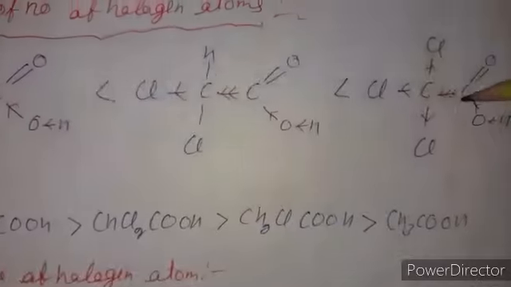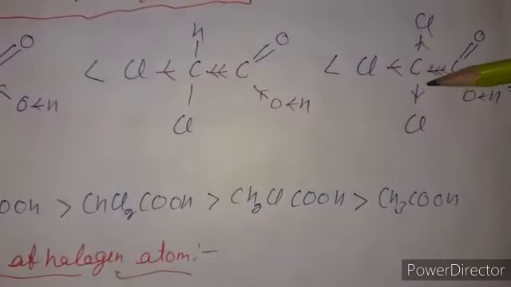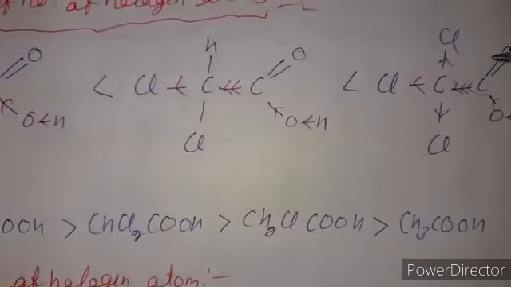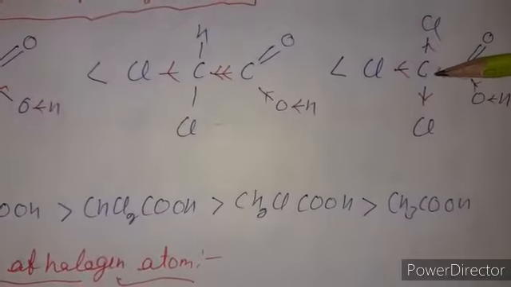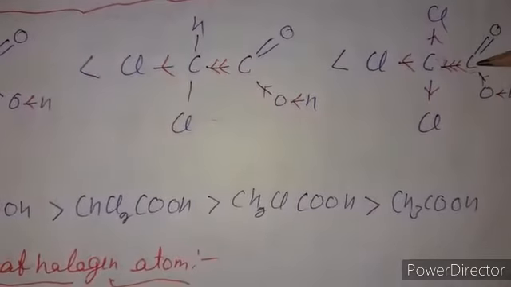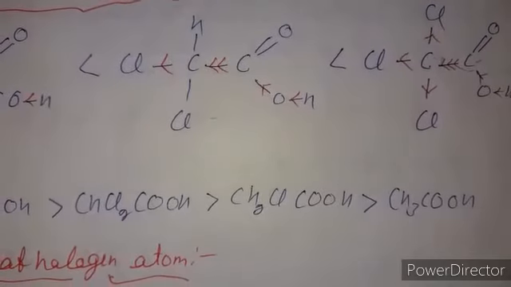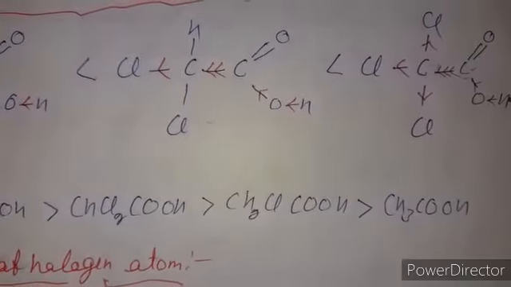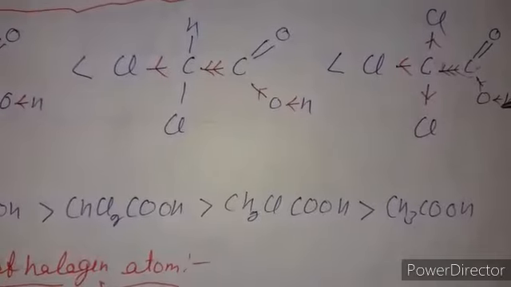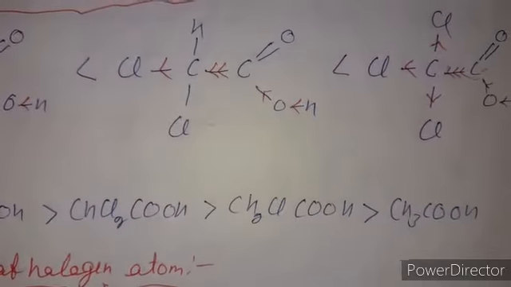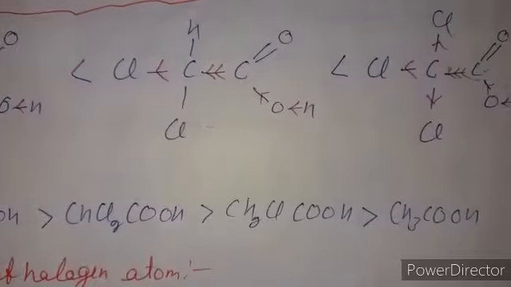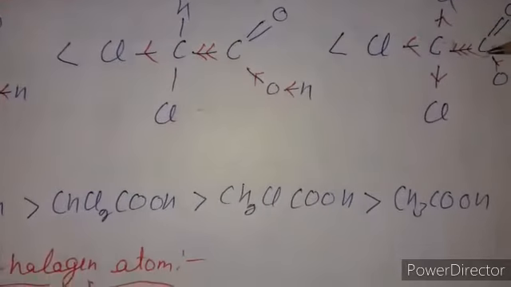There are three chlorine atoms attached to this carbon, so it means there are three electron withdrawing groups attached to this carbon, and this carbon attracts the electron from this carbon with maximum tendency, and this carbon attracts the electron from oxygen, and oxygen gains electron from the hydrogen atom and easily releases H positive.